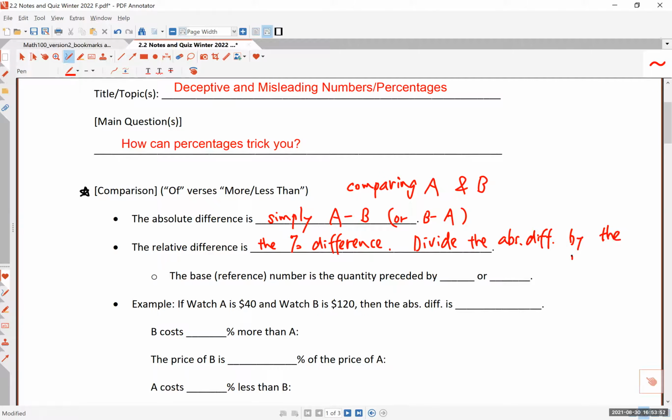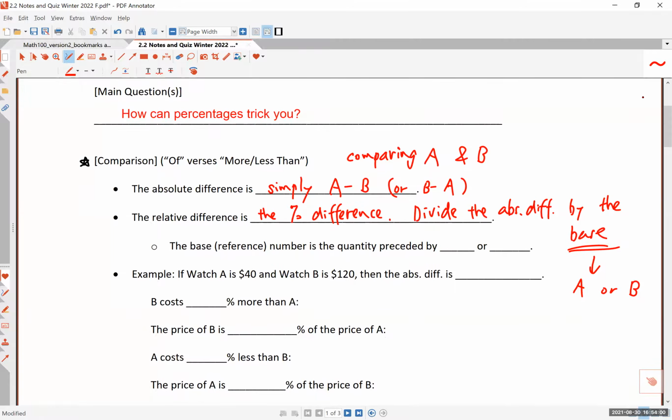And this is a tricky part. This base number can be A or B, depending on how the wording is stated, okay? So the base or the reference number is the quantity, either A or B, preceded by the word of or than, as in more than or less than.